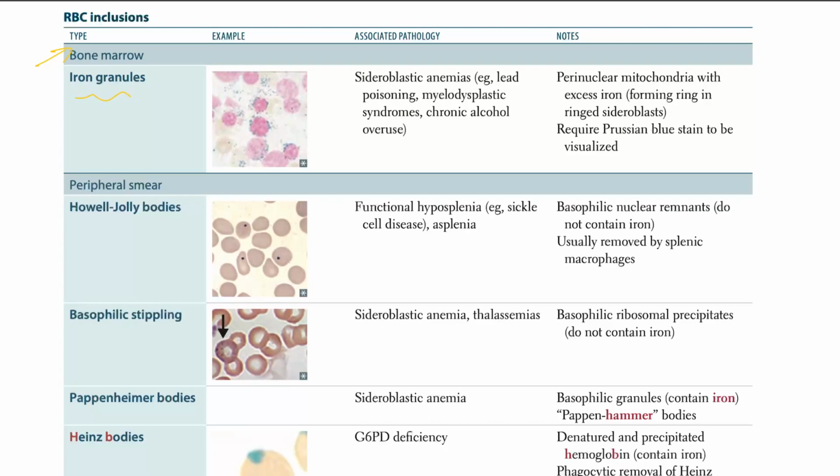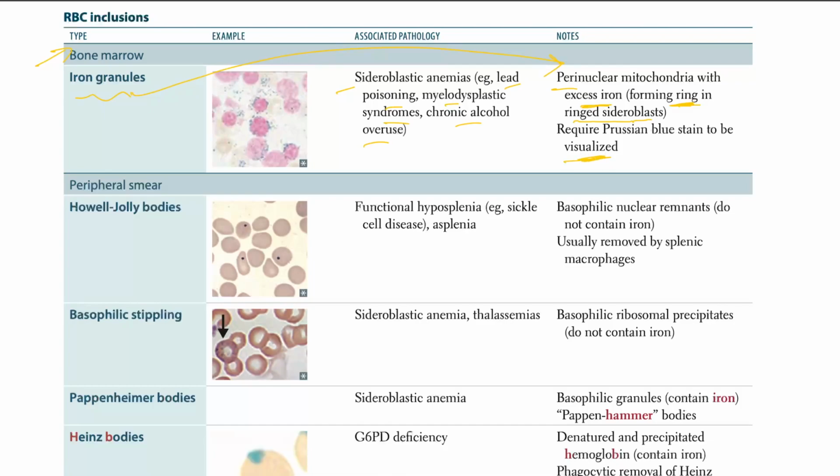They are associated with sideroblastic anemia, lead poisoning, myelodysplastic syndromes, and chronic alcohol overuse. And what are these iron granules? These are perinuclear mitochondria with excess iron, forming ring sideroblasts. It requires Prussian blue stain to be visualized.